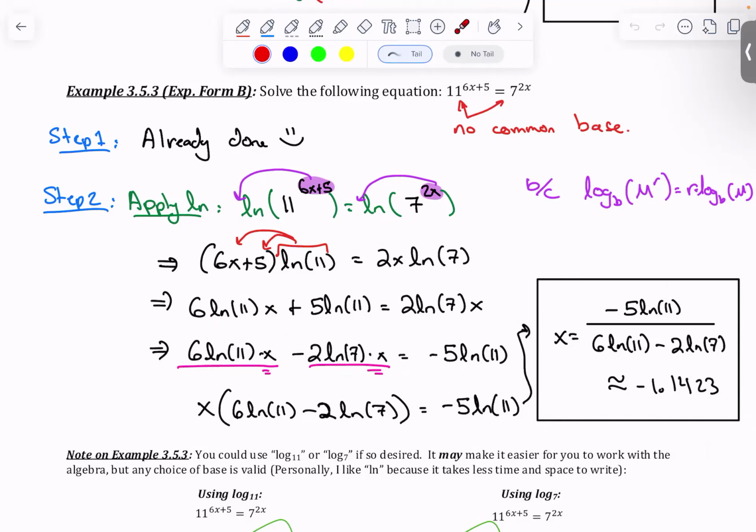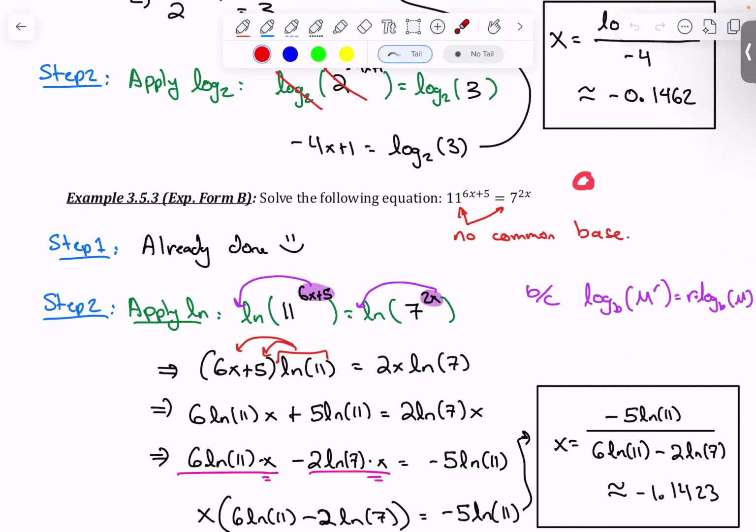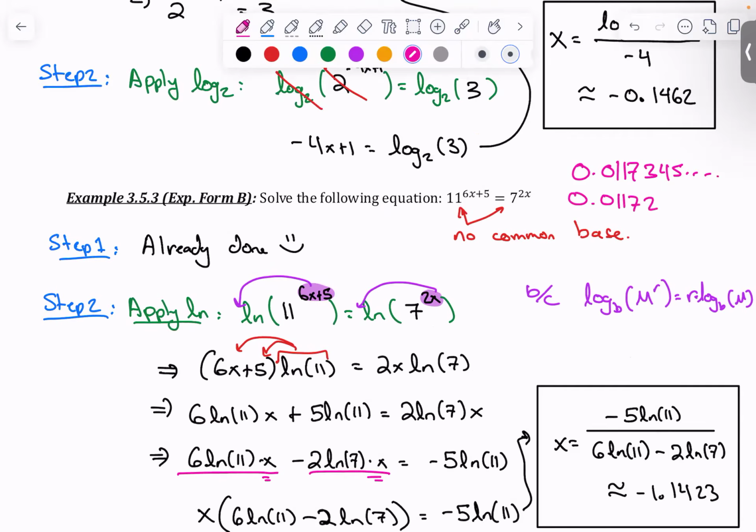I end up with, on the left-hand side, 0.0117345 and so on forever. And if I do it with 7 raised to the 2 times negative 1.1423, I end up with 0.011729. So notice these numbers aren't the same, right?